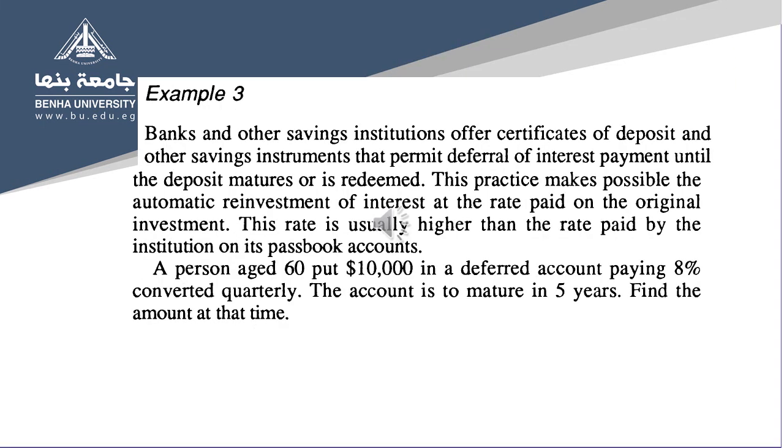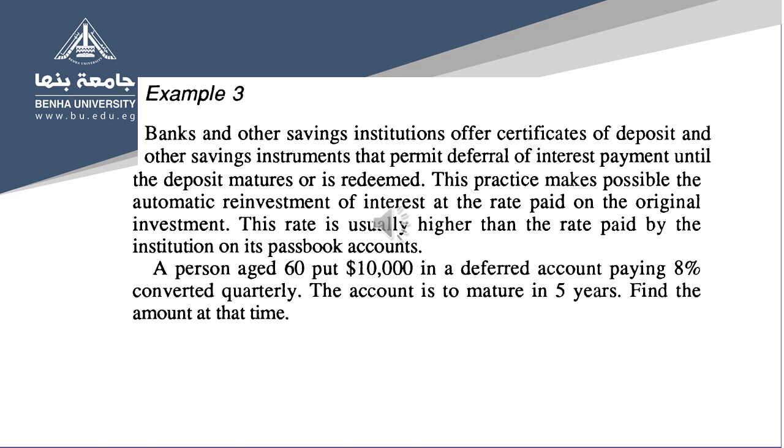Example number 3. Banks and other saving institutions offer certificates of deposit and other saving instruments that permit deferral of interest payment until the deposit matures or is redeemed. This practice makes possible the automatic reinvestment of interest at the rate paid on the original investment.